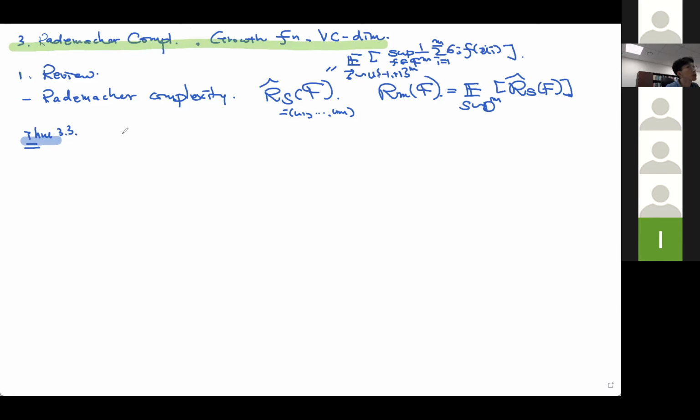If we have a function class F which is a mapping from U to the bounded range 0 to 1. This bounded range is really important because it allows us to use concentration inequalities. In this specific case, we use the so-called McDiarmid inequality, which is applicable only when we have a function class of bounded range.